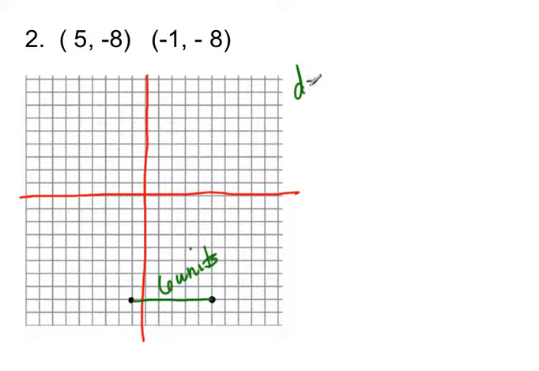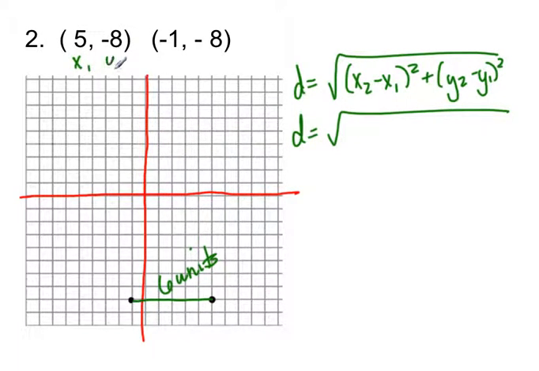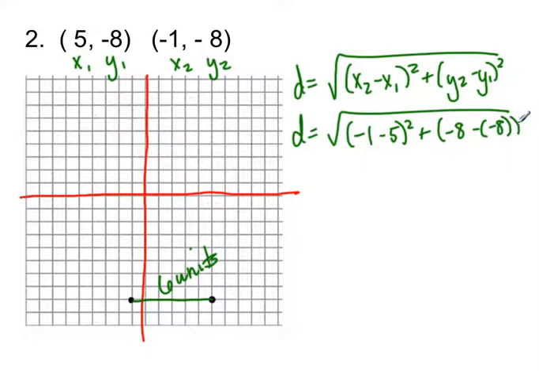If you wanted to confirm that with the distance formula, remember you subtract your x's and you add those to your y's subtracted. So let's say this is x1, y1, x2, y2, and plug those in. x2 is negative 1 minus 5 squared plus negative 8 minus negative 8 squared.